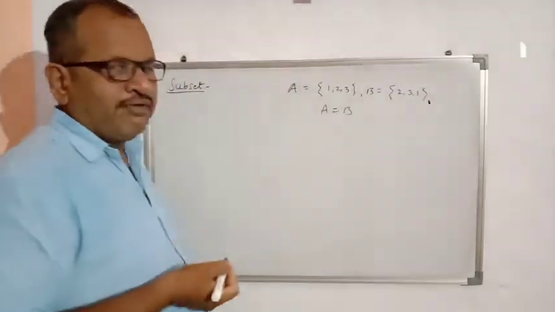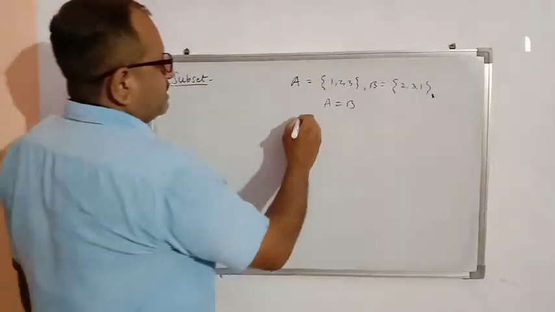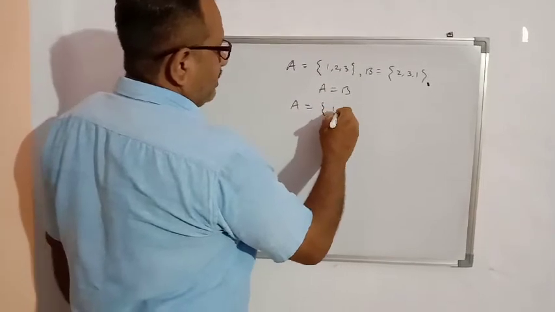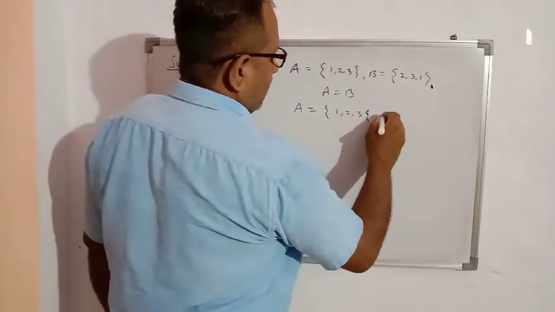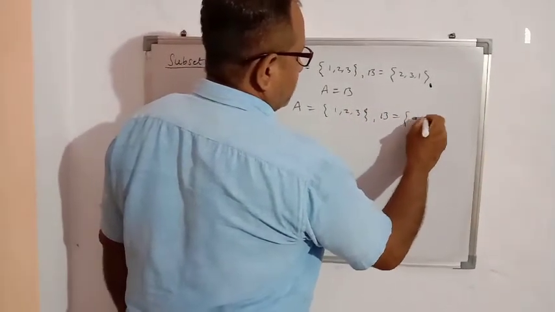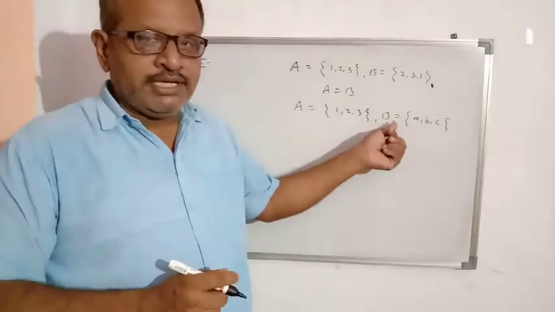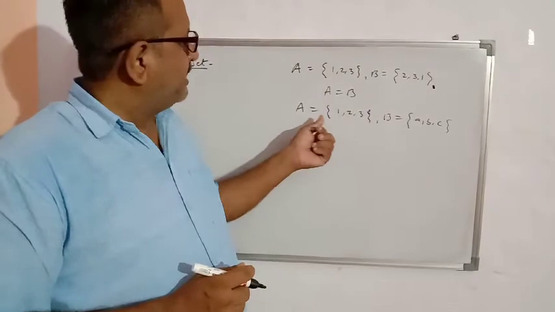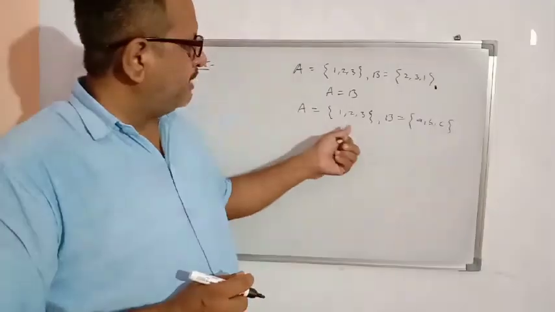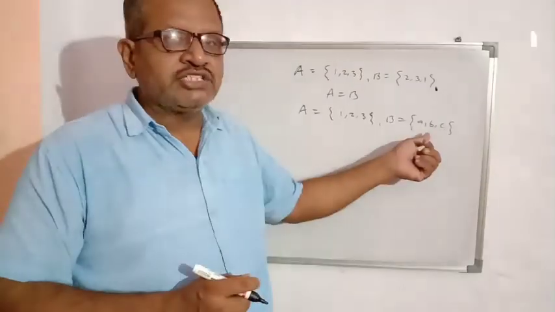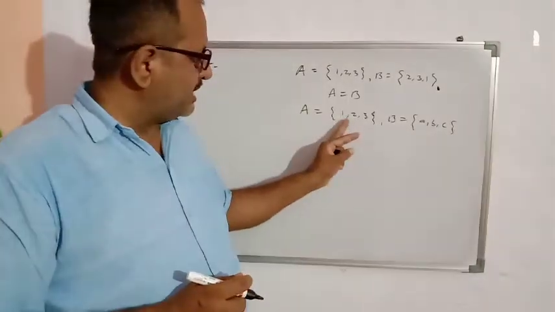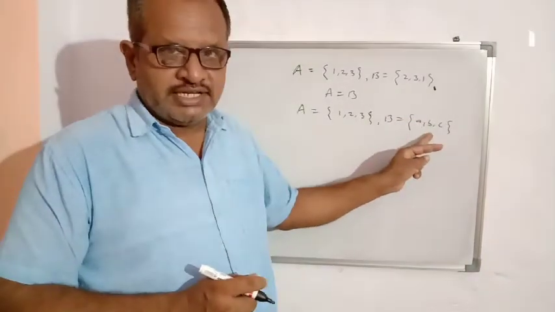And what are equivalent sets? If A is {1, 2, 3} and B is {a, b, c}, we see that both the sets A and B have the same cardinal number. The number of elements in both the sets is equal. A contains 3 elements, B also contains 3 elements.